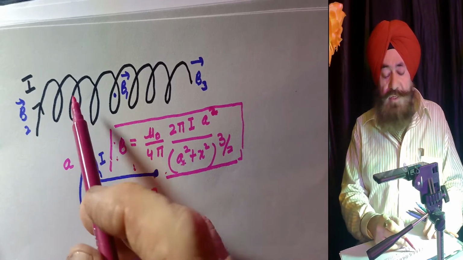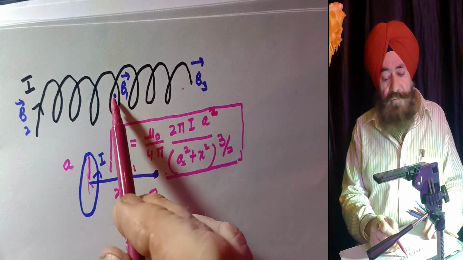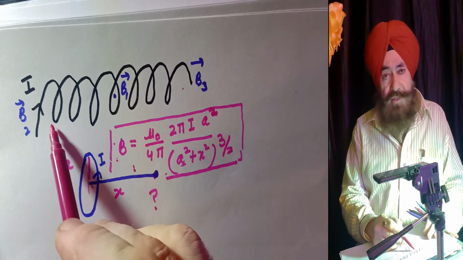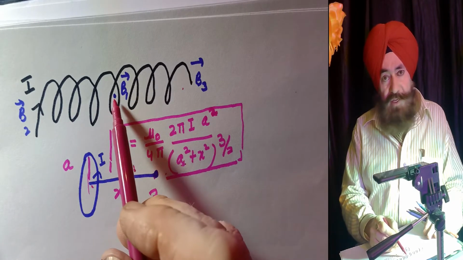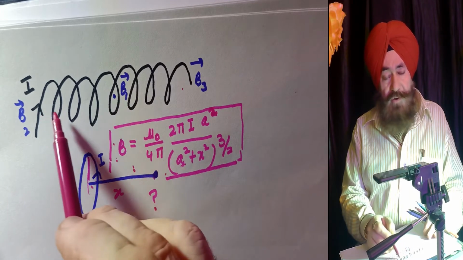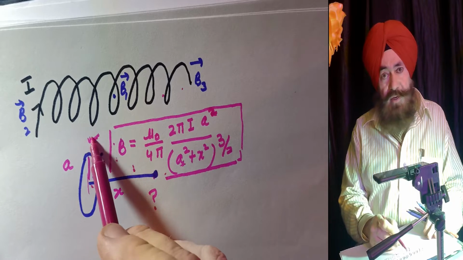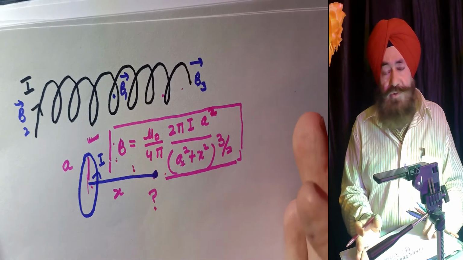But if you are interested in deriving an expression for the magnetic field due to a solenoid, then you have to remember this formula. Otherwise, there is no chance.